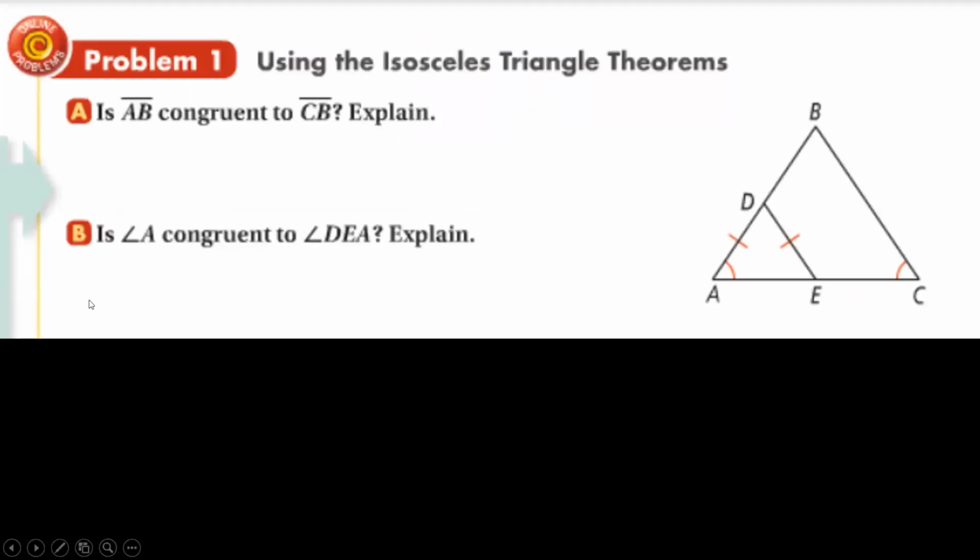Now, let's do problem 1. Look at these triangles here. This has a triangle, and inside it we have another triangle. Is side AB congruent with CB?